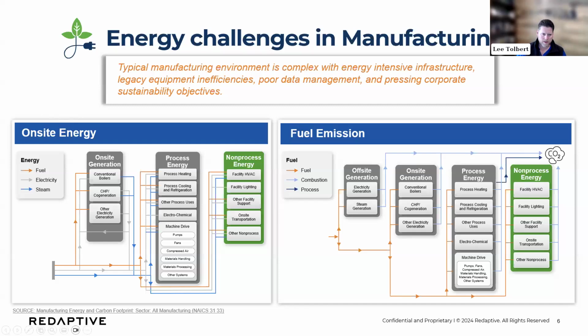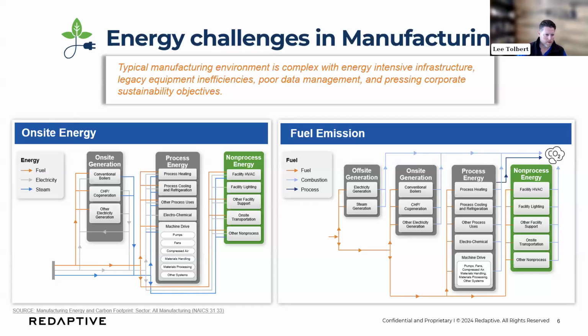You see that there is a broad number of areas where energy is consumed across manufacturing sites, depending on the type of process you have, and depending on what you are actually manufacturing, whether it's heavy or light, any number of things like that.